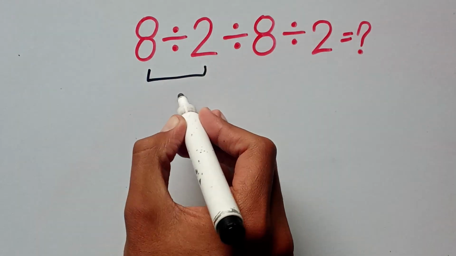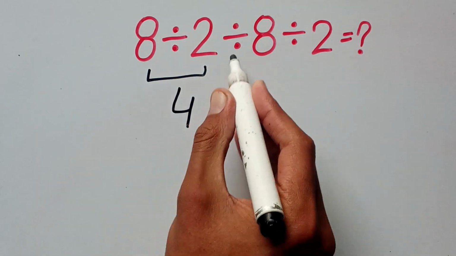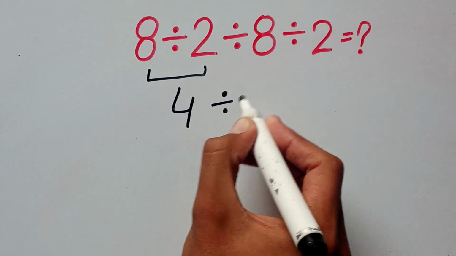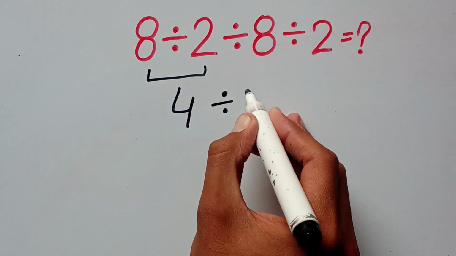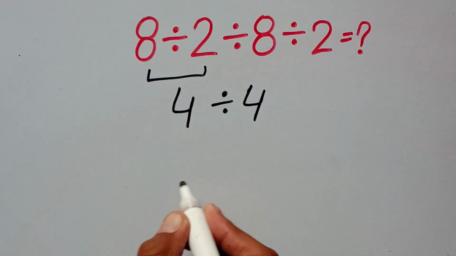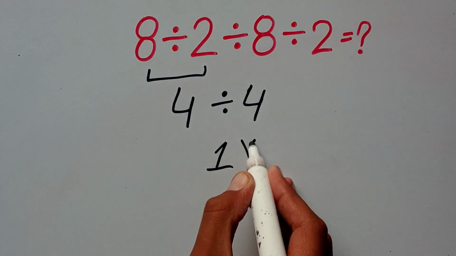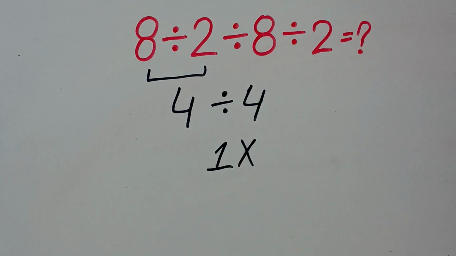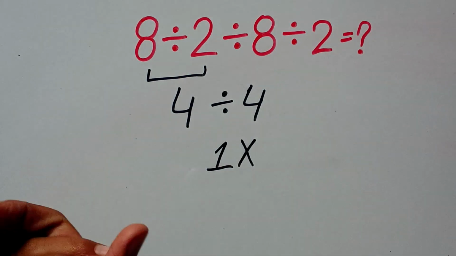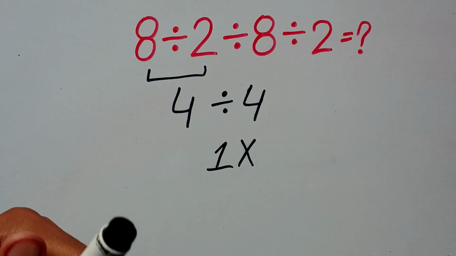8 divided by 2 equals 4, then 4 divided by 8 equals 4, and 4 divided by 4 equals 1. But this answer is absolutely wrong because of the order of operations, which is called the PEMDAS rule.